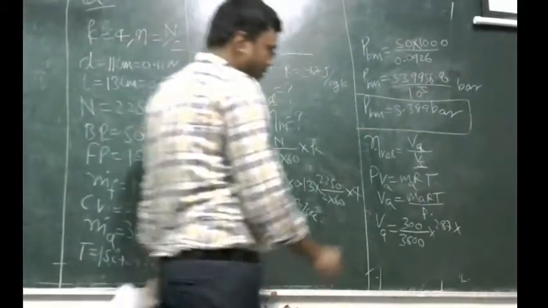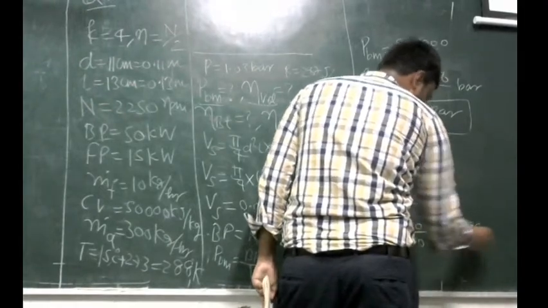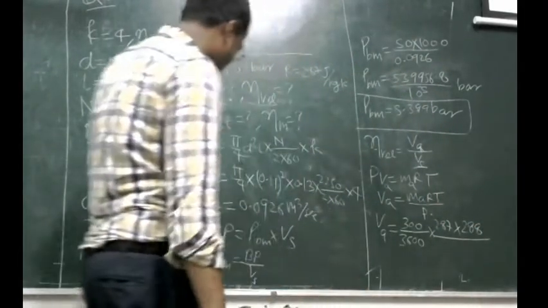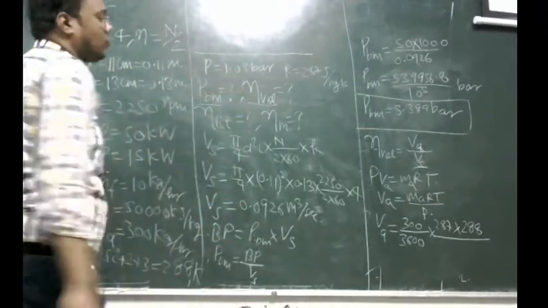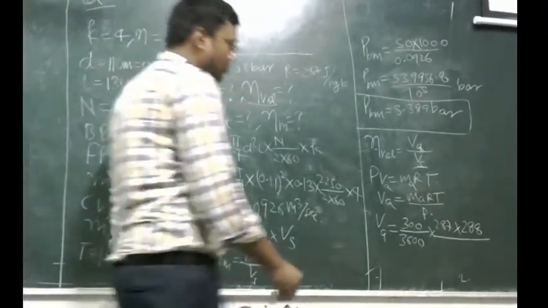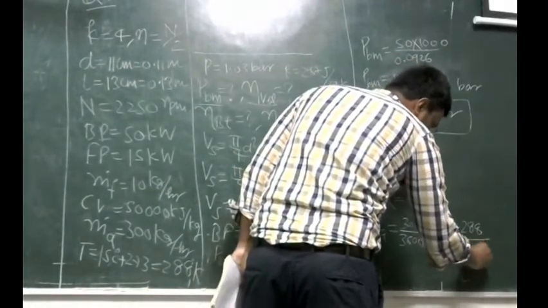So put here 288 divided by P, the pressure also given here. Ambient pressure is 1.013 bar. So convert it to Pascal. So it will be 1.013 into 10 to the power 5.